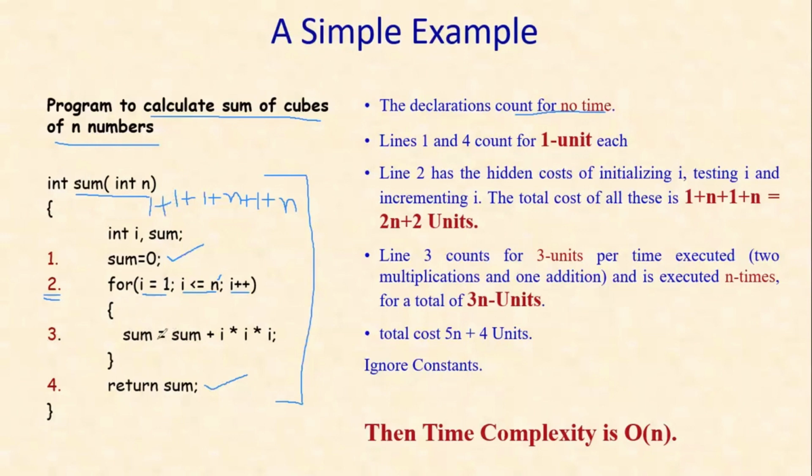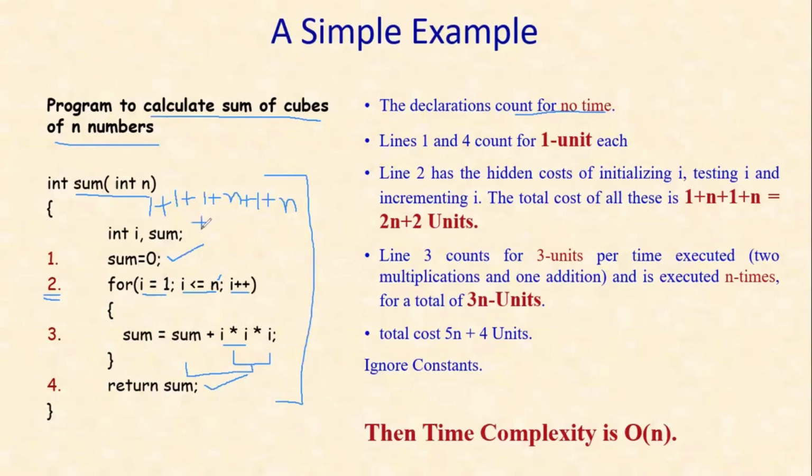Here the third line, sum is equal to sum plus i into i into i. Here it is having 3 primitive operations. One is i into i, next one is the result into i, and the third one is sum plus the result. So these 3 primitive operations will be executed, so it takes 3 units of time.